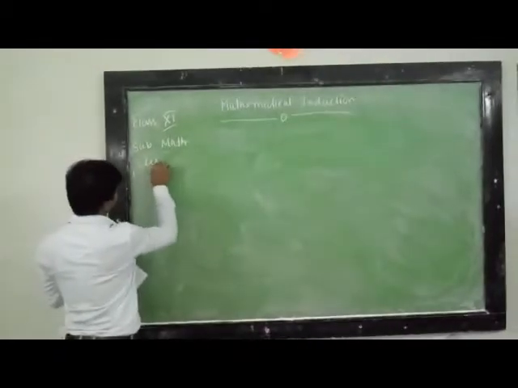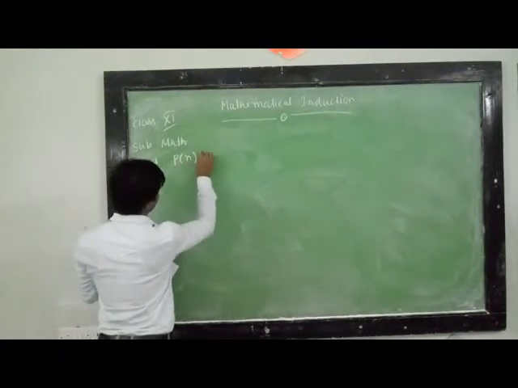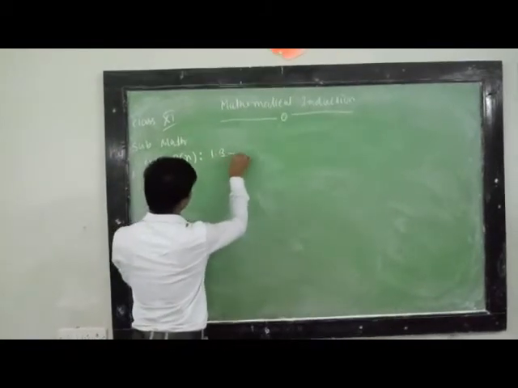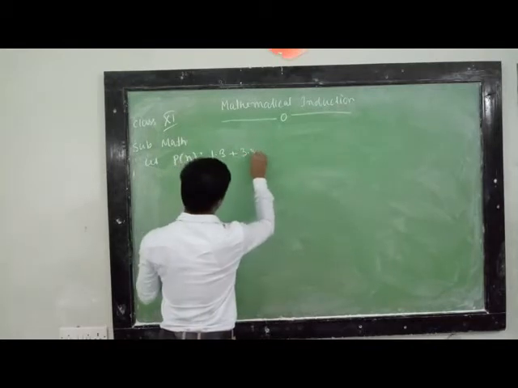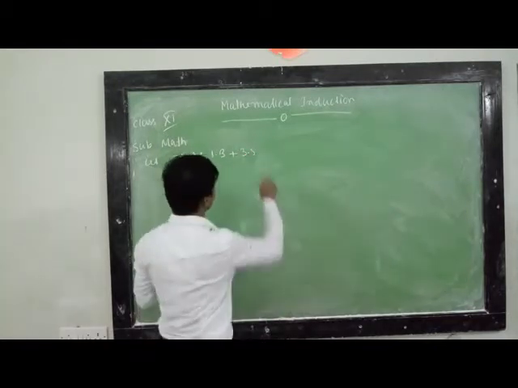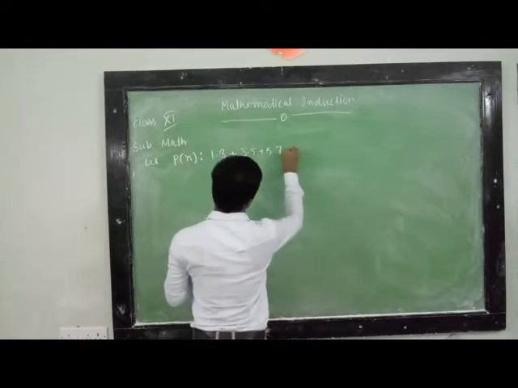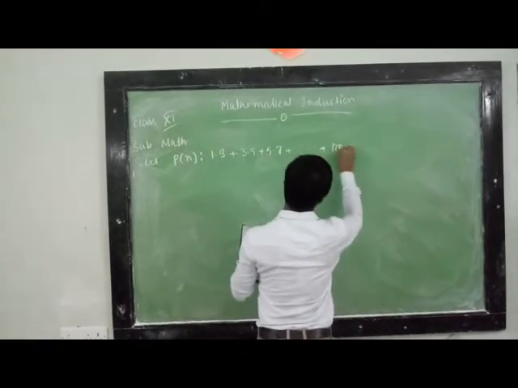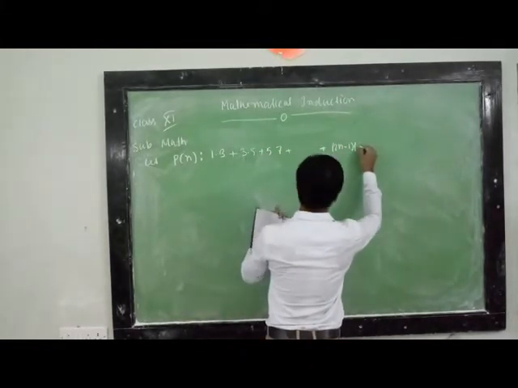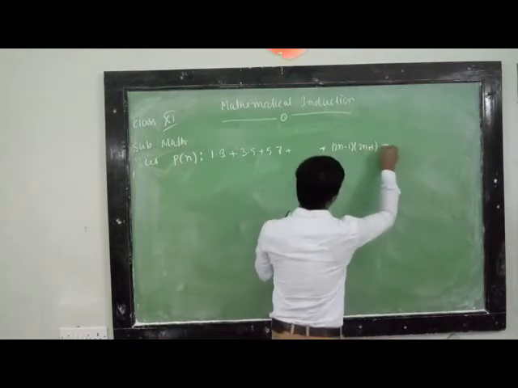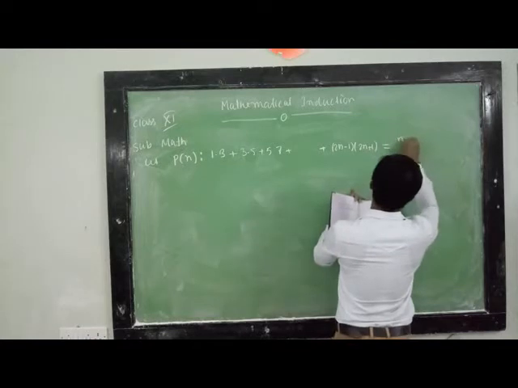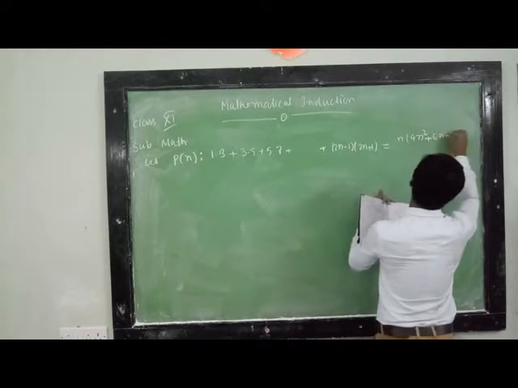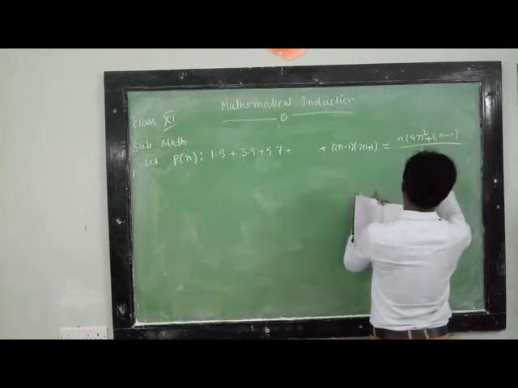Let the given mathematical statement be P of n, which is equal to 1 into 3 plus 3 into 5 plus 5 into 7 plus ..., and the last term is 2n minus 1 into 2n plus 1, which is equal to n into 4n square plus 6n minus 1 by 3.